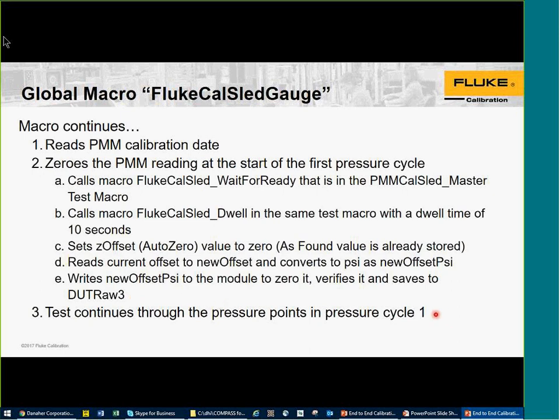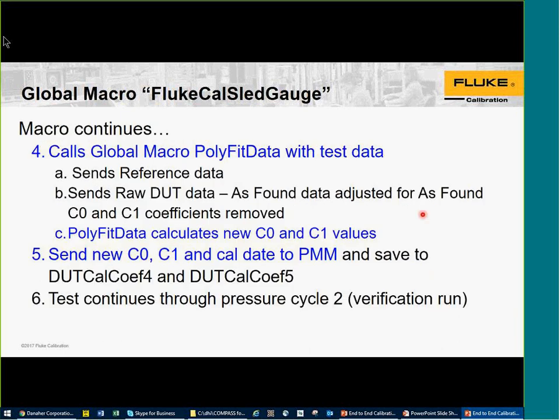It continues through the pressure points in our pressure cycle 1, which is the as found data collection. Once it's done with the as found data, it calls a global macro called polyfit data, and it sends our reference data and our raw DUT data to the macro. So we collected our data from the PM module with any effects from existing C0 and C1 coefficients on there.